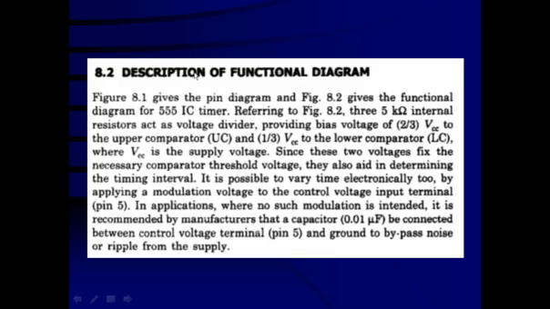Now, description of the functional diagram of this IC. Figure 8.1 gives the pin diagram and figure 8.2 gives the functional diagram of the 555 IC timer. Referring to figure 8.2, three 5K resistors act as a voltage divider.